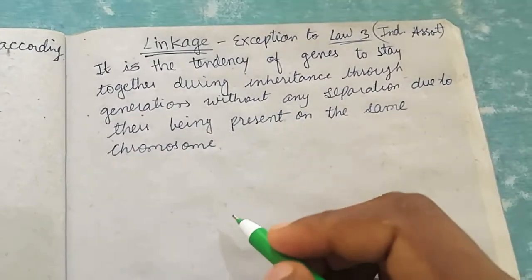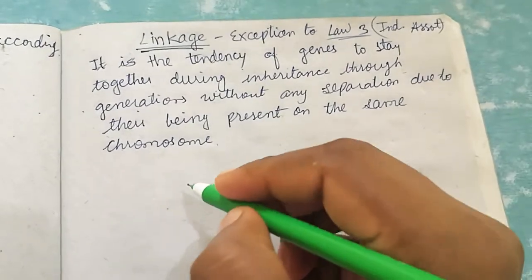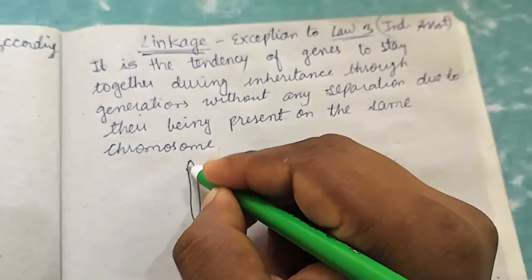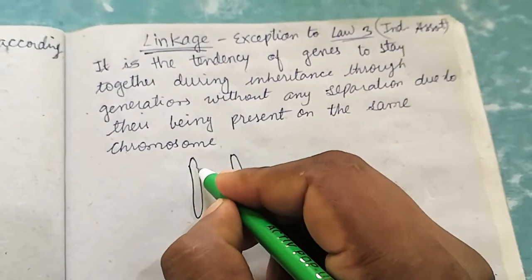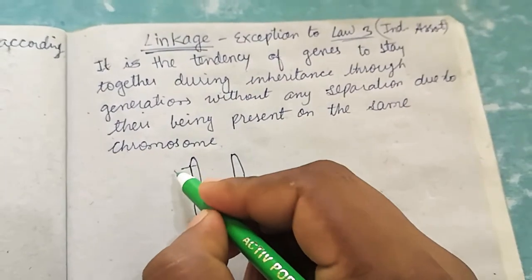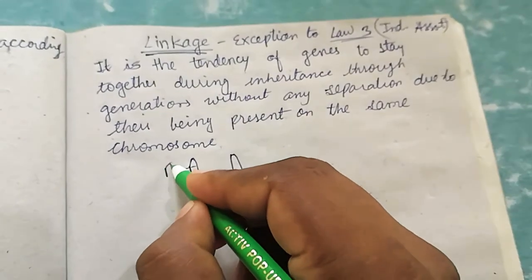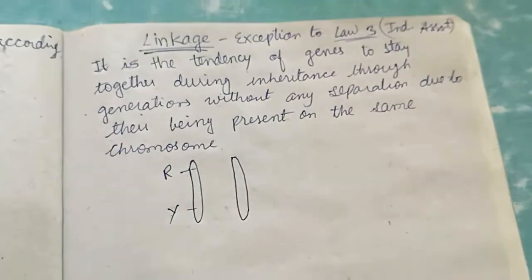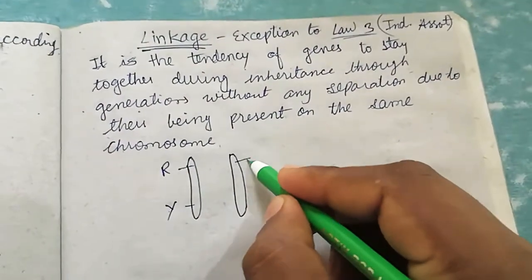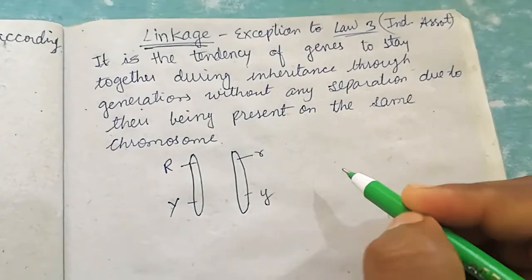For example, if I take two chromosomes, chromosome 1 and chromosome 2, this chromosome carries the round yellow character, and the other chromosome the wrinkled green character.